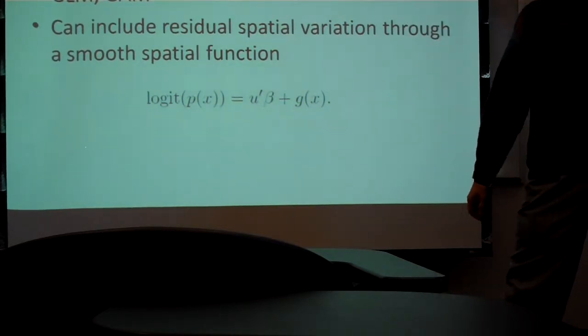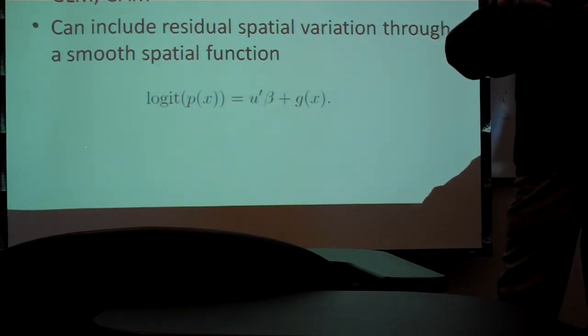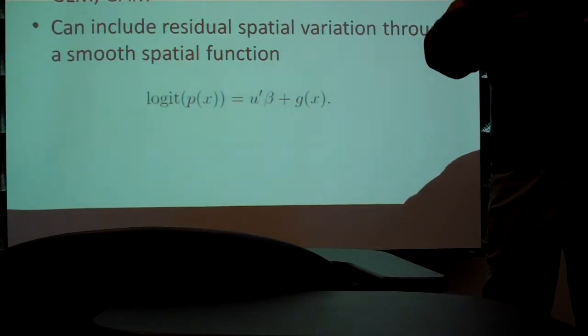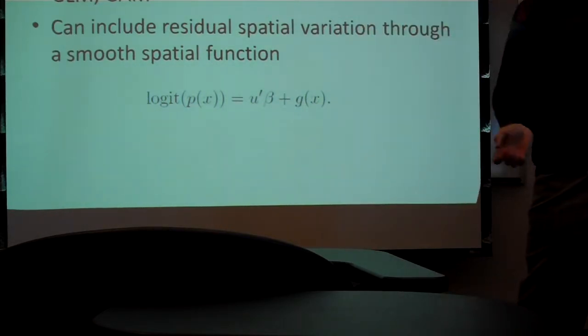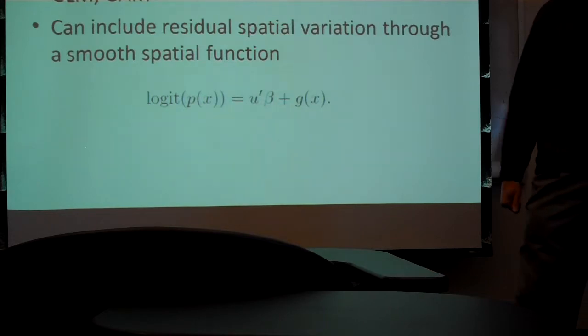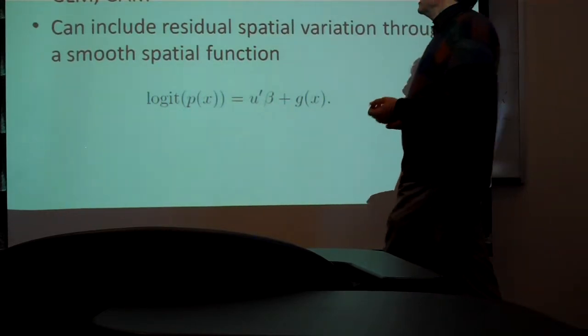Often you might buffer around the points and say, outside of a certain distance from where the presences were observed, I'll just pick points at random and call them absences. And of course, there's potential error that comes up with that.